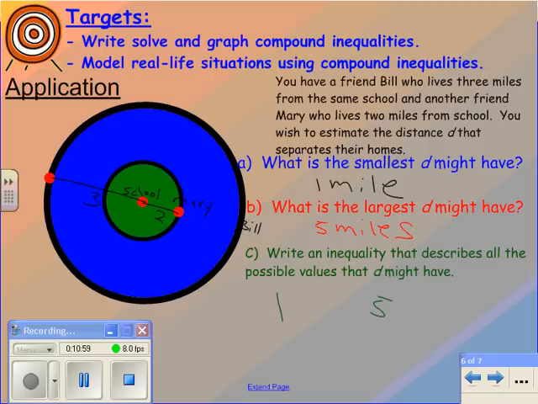Since I want all the values in between there, this is going to become an AND statement, so my X is in the middle. Now the question is, do I want to include 1 mile and 5 miles? The answer is yes, those are included in there. So I'm going to say less than or equal to, and less than or equal to here. So my final answer is 1 is less than or equal to X, which is less than or equal to 5.